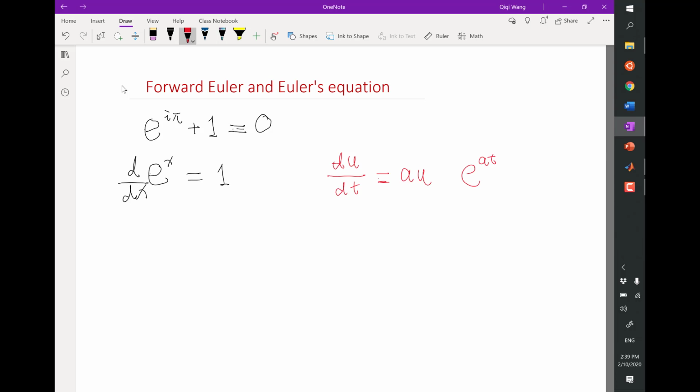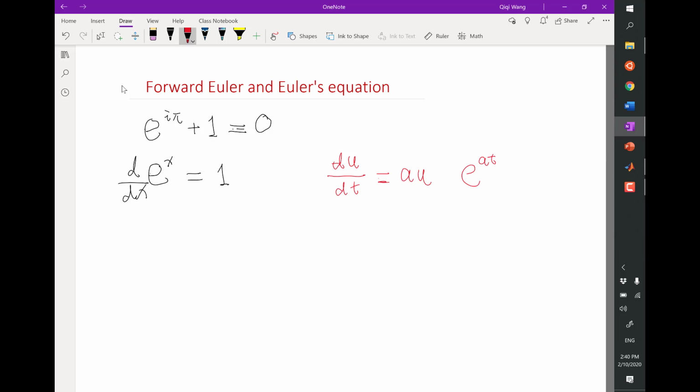So today let's try to use forward Euler to prove Euler's formula. How do we do that? Let's just use the property that e to the a t is a solution to the differential equation du/dt equal to a u. In this case, let's set a equal to the imaginary number i.